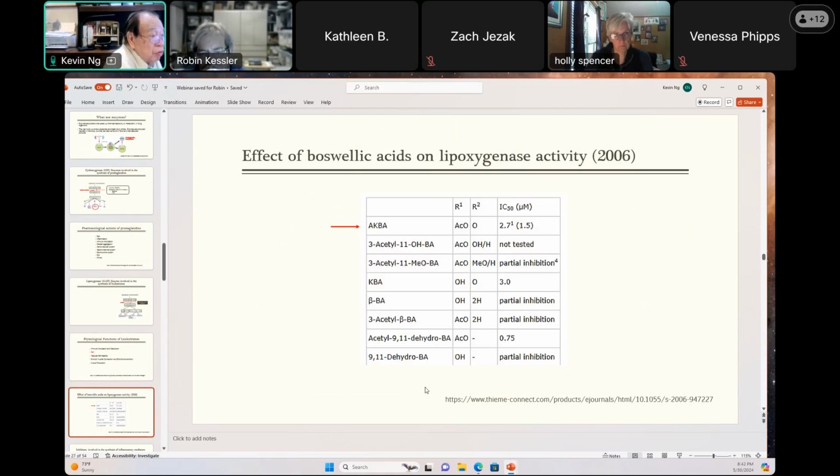Then the next question for doctors and scientists to ask is, there are so many boswellic acids. Which one is the most powerful? The one that so far has been found to be very effective is called acetyl keto boswellic acid. This is the most powerful one.